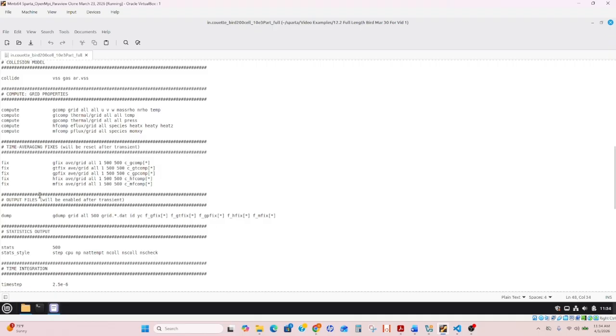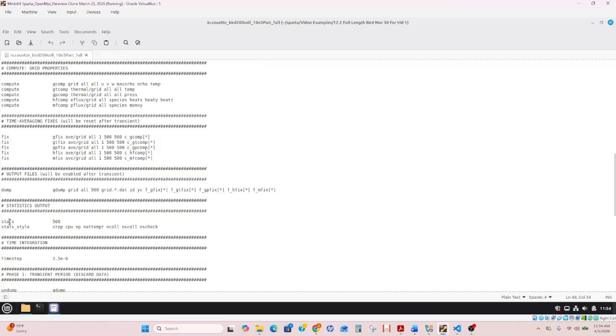All right. So then we look at statistical output. This is just your command line: as the program's running, it's going to show you every 500 steps. It's going to push this stuff out. It's going to tell you the steps, the CPU usage, number of particles, number of attempted collisions, number of collisions, etc. That's just a way for you, as you're running the simulation, to look at the window and see if the simulation is progressing as expected.